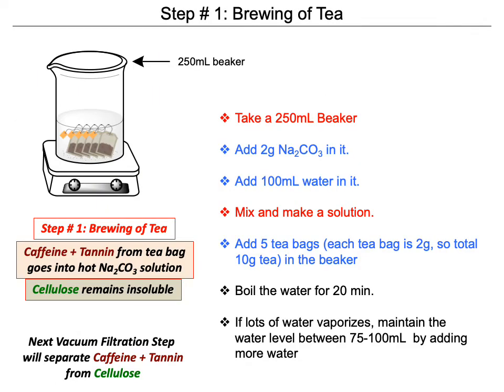First of all, we are going to brew the tea inside the sodium carbonate solution. It is possible to brew the tea in water and then add sodium carbonate. Both are possible, but in this procedure, we first dissolve the sodium carbonate in the hot water, and then we brew the tea.